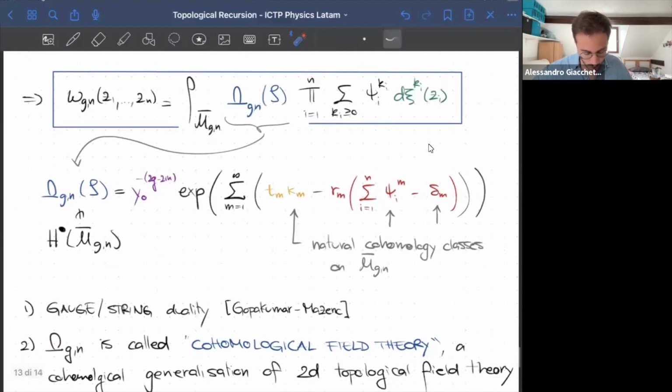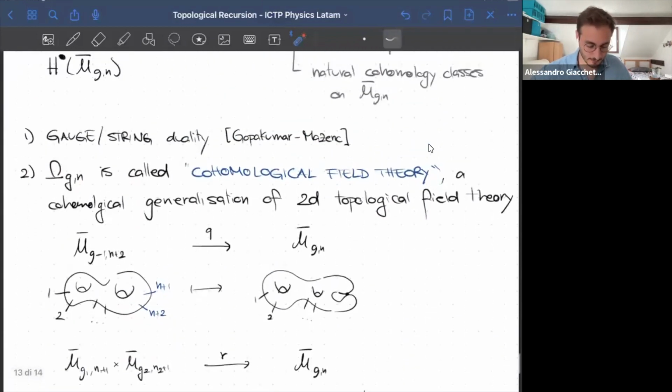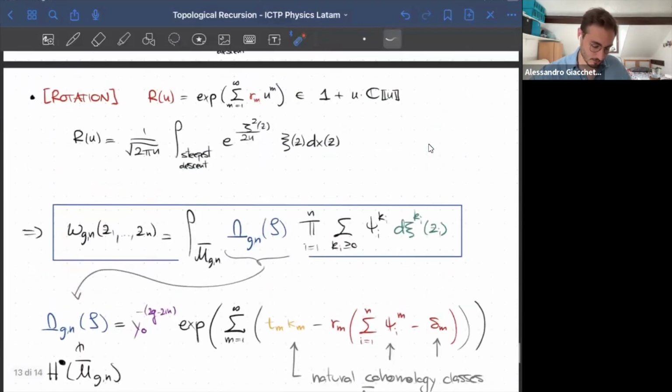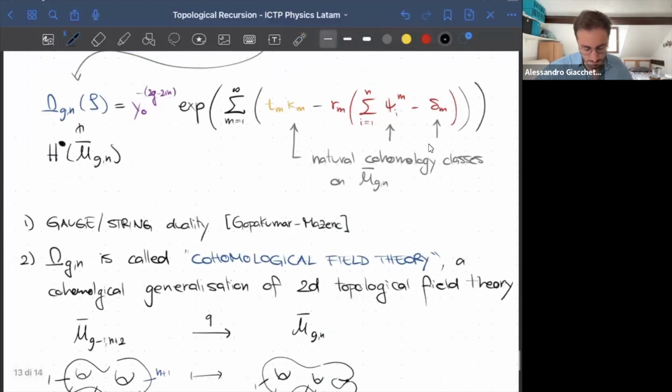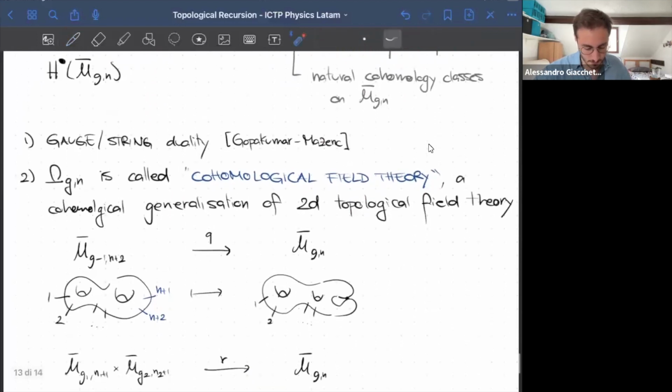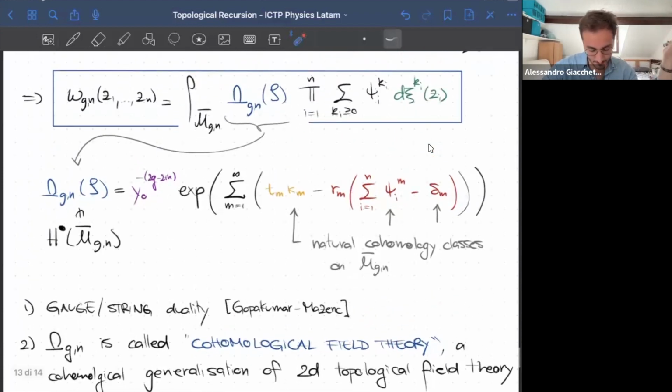Let me conclude by mentioning a couple of things. First of all, this theorem is from 2012, I think. And recently there was a bit of interest in this from Gopakumar and Mazenc, and the idea is that this theorem here is a kind of gauge string duality, right?